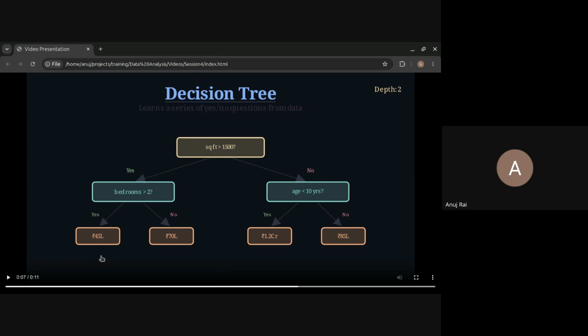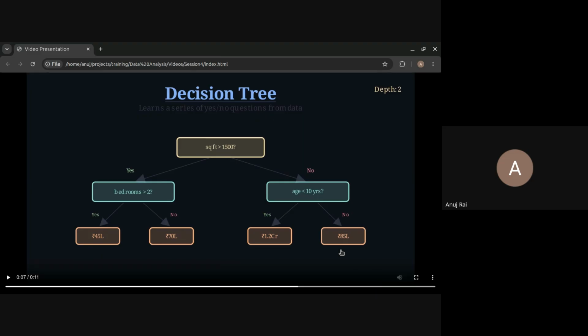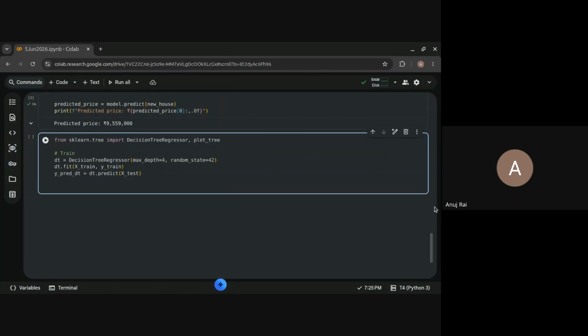We can limit the depth of the branches of the model. Since in this case there are only 3 variables, we can keep max depth as 4. Random state: initially, how the splitting of the data should start. We can randomize it and set the state as 42, and then we can call fit.